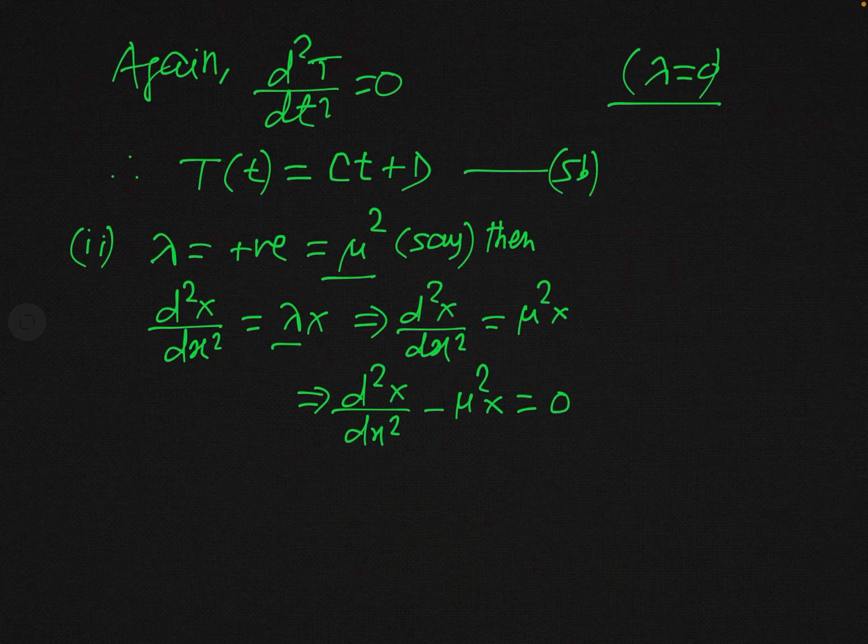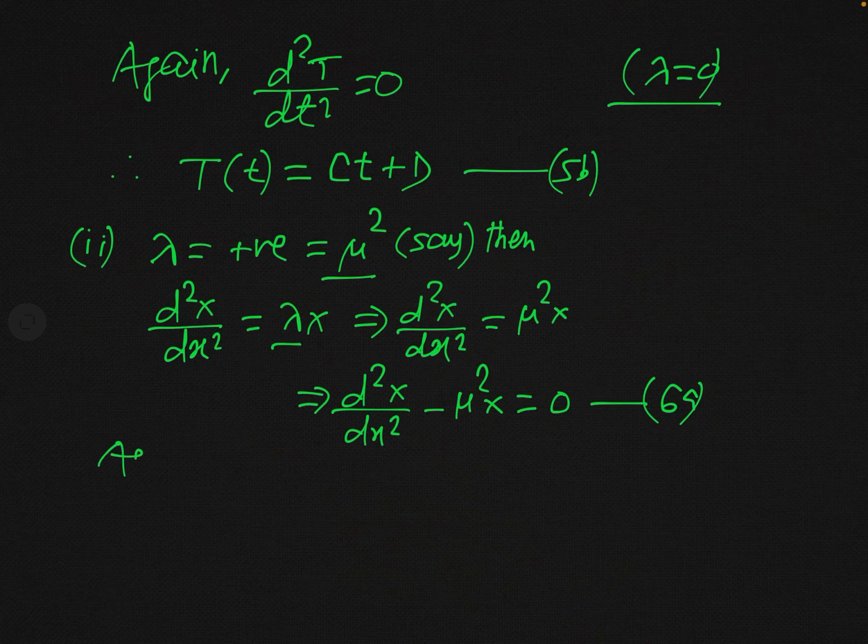And similarly, you can write the solution of another part of the equation, seeing not the solution but the form of the equation. So again, let us say this is equation 6a.